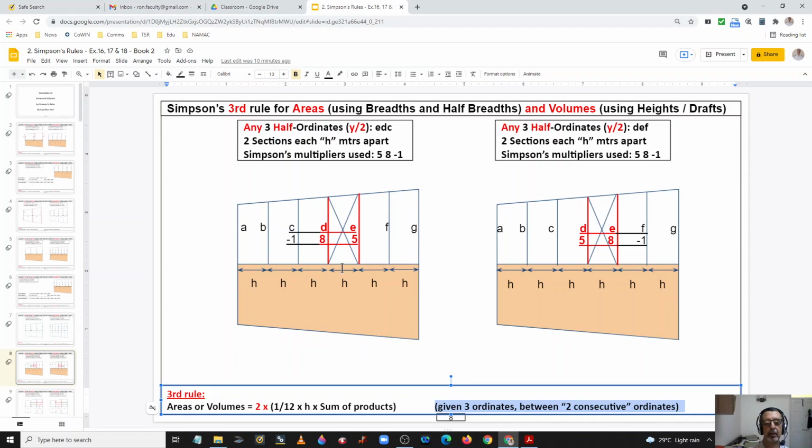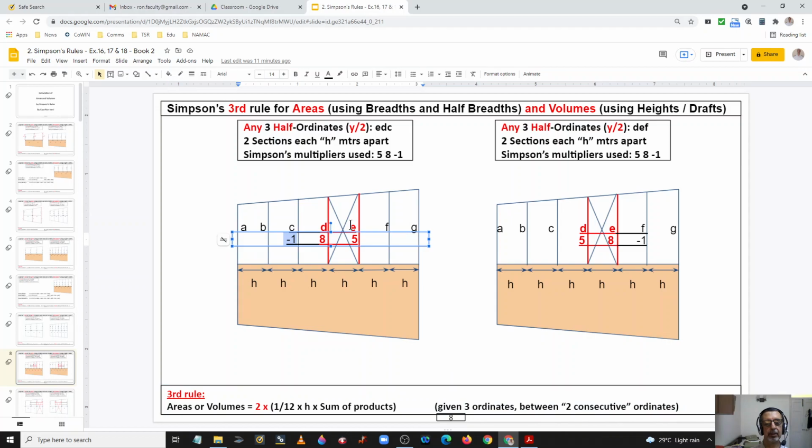The very first ordinate will take the very first multiplier. So if you are using E, D and C, the very first ordinate is E, which will take the multiplier 5. The middle one will take 8 and the last one will take -1. In this case, the last ordinate was C, hence you have the multiplier -1. The first ordinate is E, and hence you have the multiplier 5.